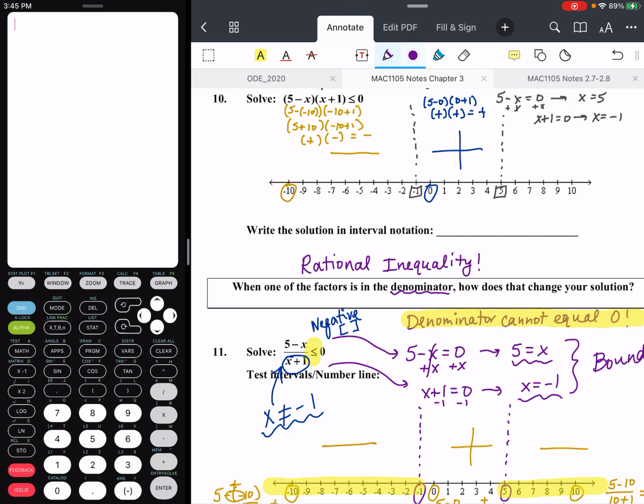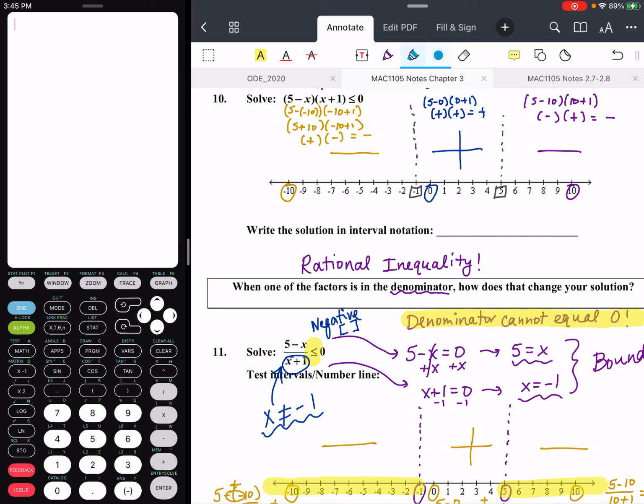And then finally over here to the right, doesn't matter what I pick, so maybe choose positive 10. And let me just erase this so I have a little room to write my work. All right, so I've got 5 minus 10 times 10 plus 1. So this gives me a negative times a positive, which would be negative overall.